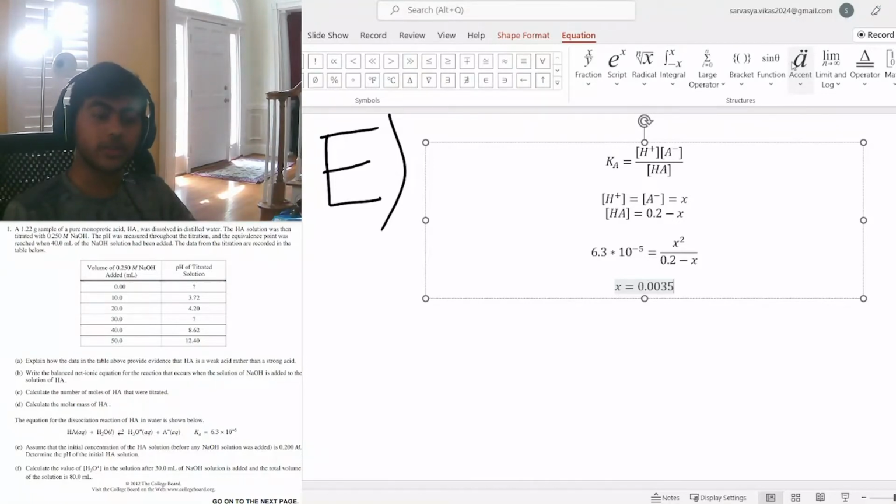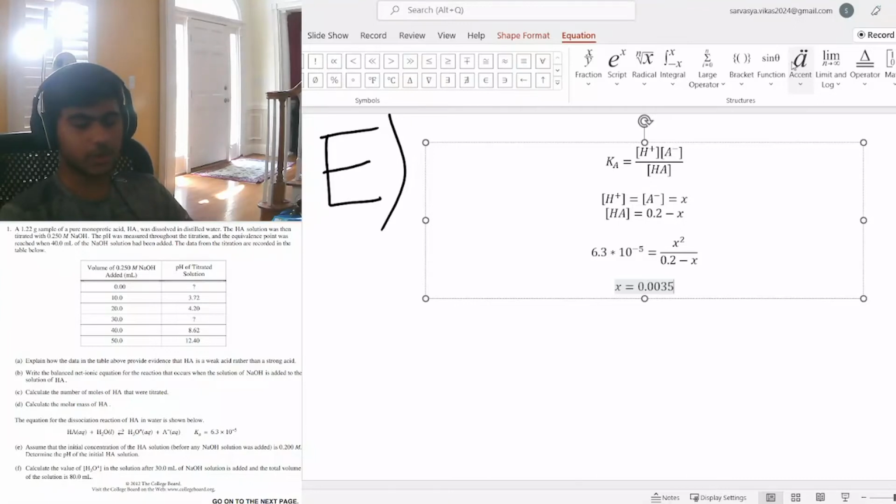There is another way to do this that only works sometimes, but it usually works, because College Board doesn't like to make you do the quadratic formula. In this scenario, we can assume that x is much less than 0.2, so x is negligible compared to 0.2, and we can just write 0.2 in the denominator. Then we end up with 6.3 times 10 to the negative 5 times 0.2 equals x squared.